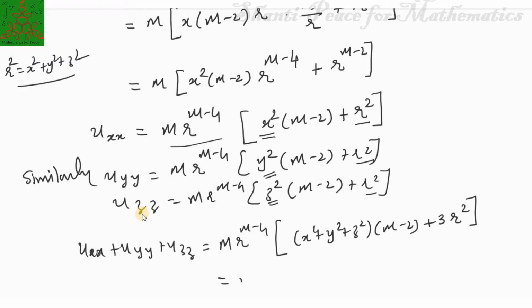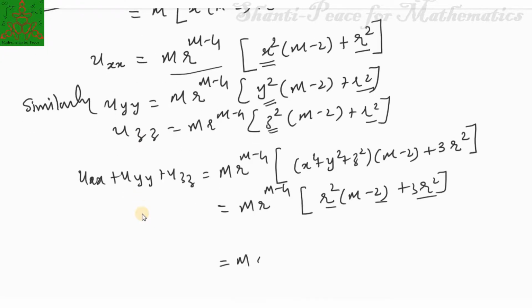So finally you will have m r power m minus 4, x squared plus y squared plus z squared is r squared, so that is (m minus 2) plus 3, times r squared.